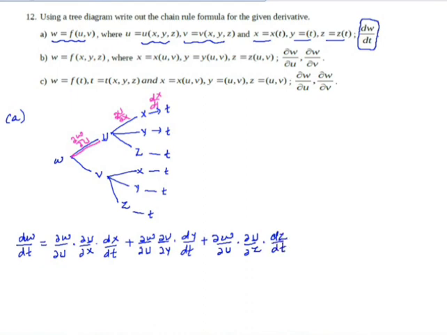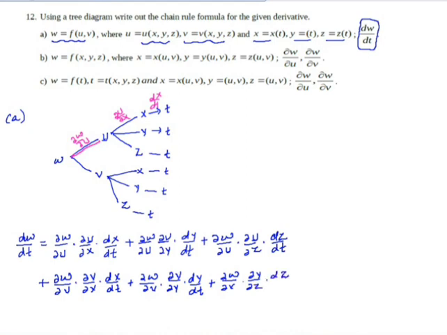Now we have finished the paths through u. We come to v. So it becomes the partial derivative of w with respect to v, v with respect to x, then dx by dt, plus the partial derivative of w with respect to v, v with respect to y, dy by dt, plus the partial derivative of w with respect to v and v with respect to z, then dz by dt.